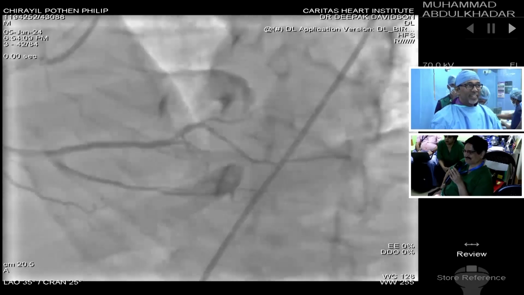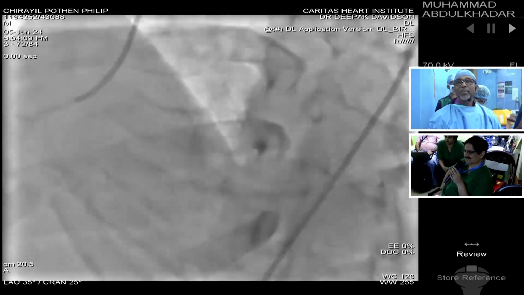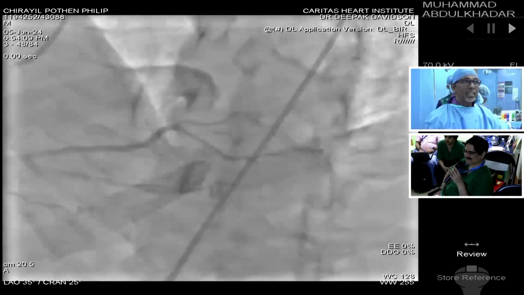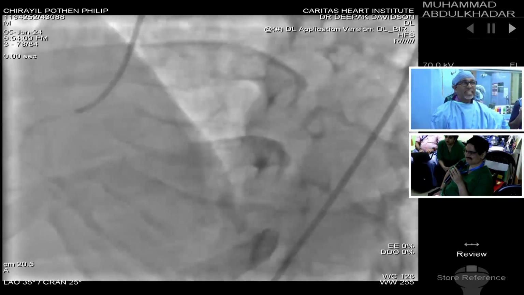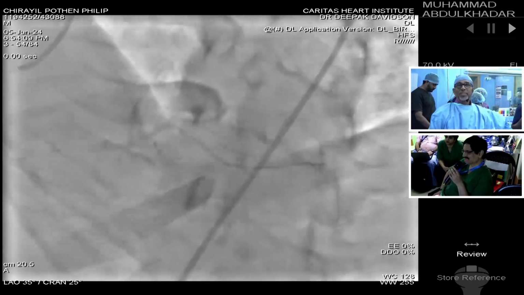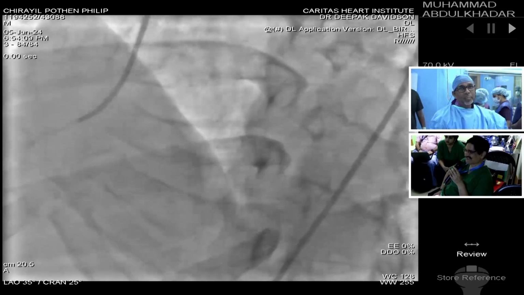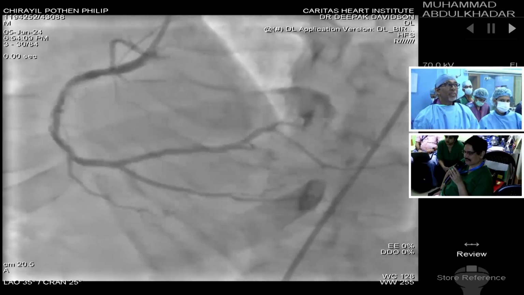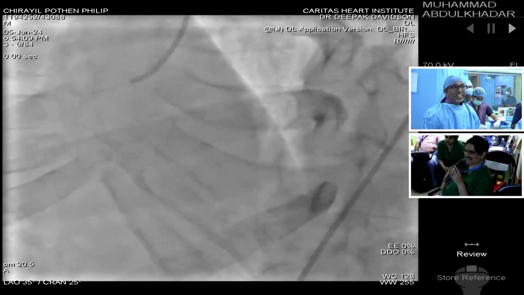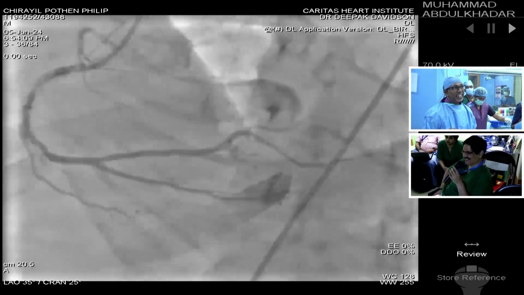But then there is pressure damping. You didn't see the hemodynamics during the procedure. There was significant pressure damping every time we had to disengage the guide catheter, and we spent time on the position of catheters. This looks like a roomy right coronary ostium, so we'll be happier with the short Amplatz catheter. You are correct.